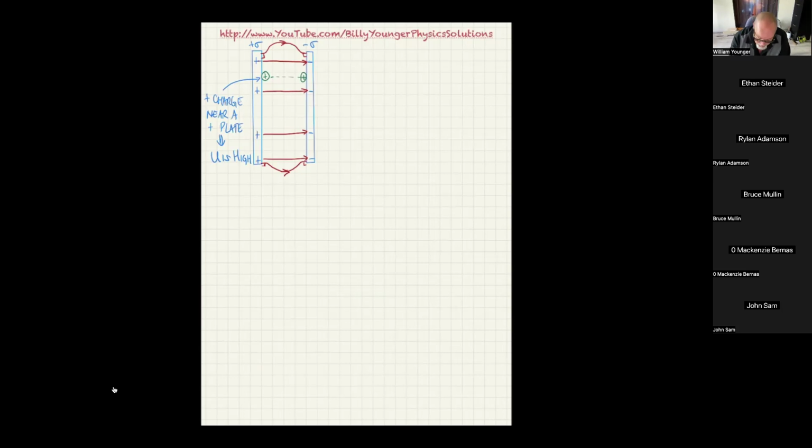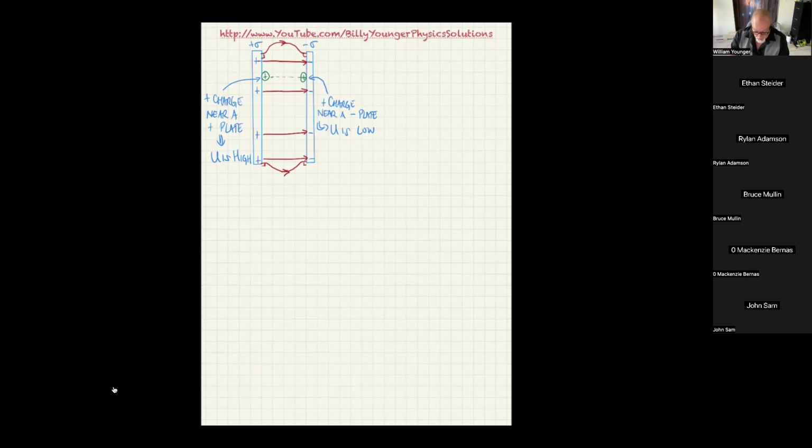Now, over here, we have a positive charge near a negative plate. And this implies that U is low because the positive charge is actually attracted to the negative plate and it's quite comfortable there.